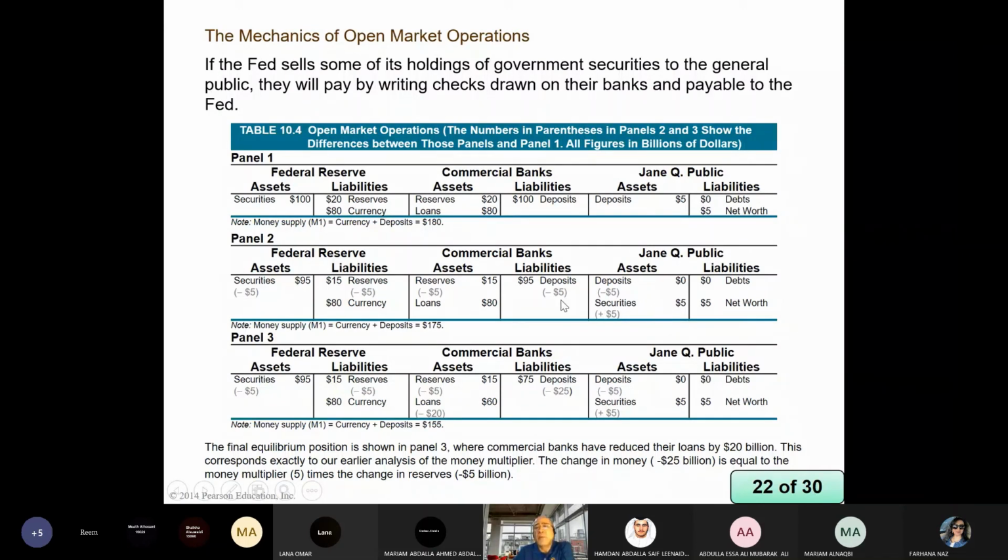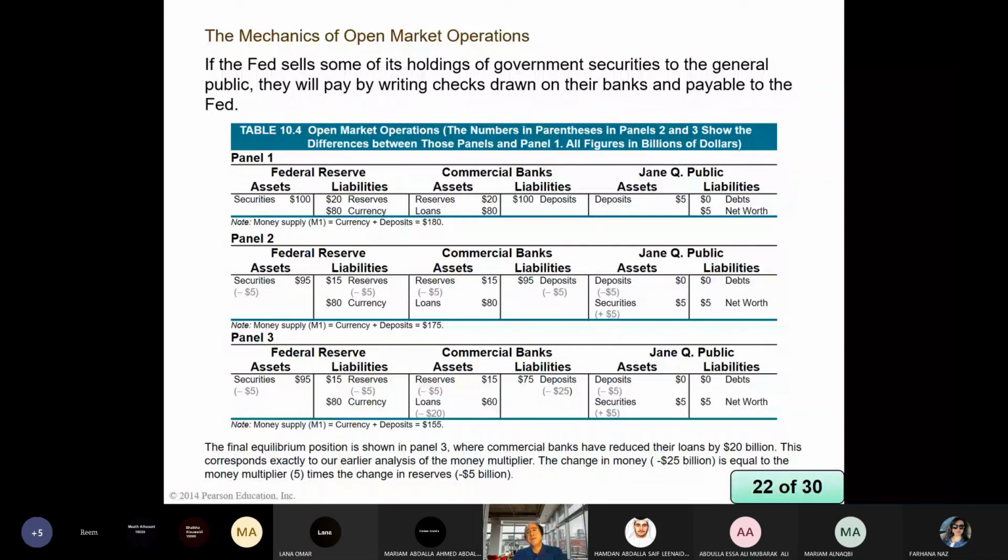Okay, there is a problem with commercial banks. Why? Calculate 15 divided by 95. It is around 15%.